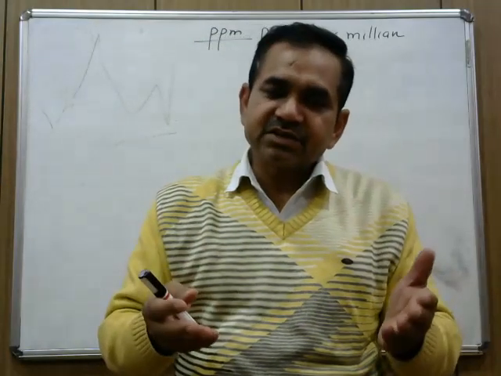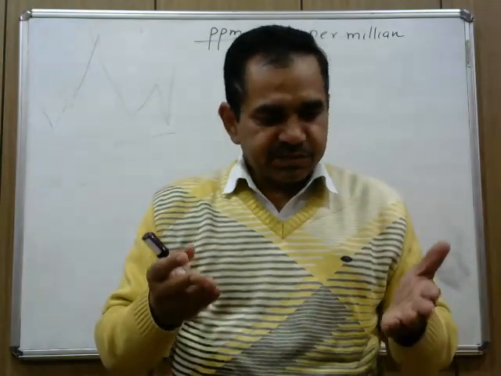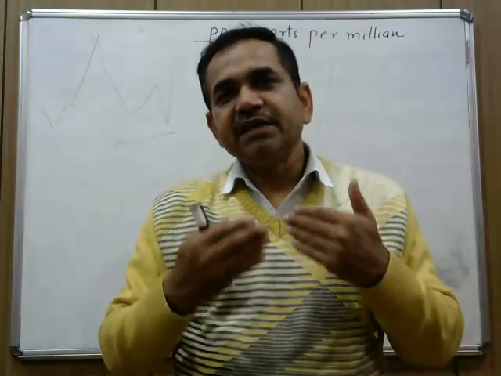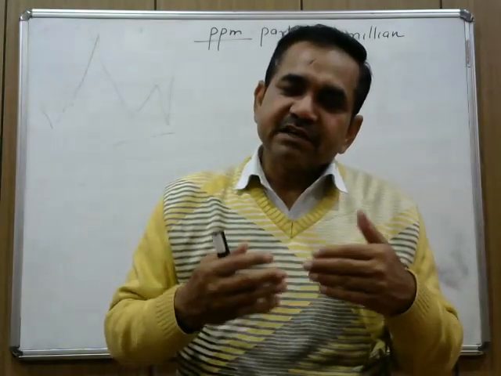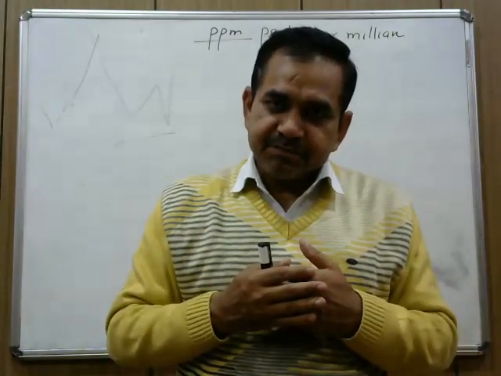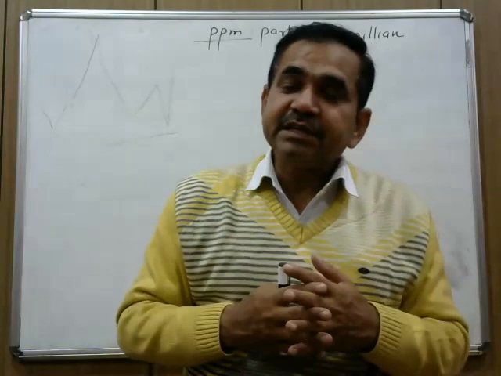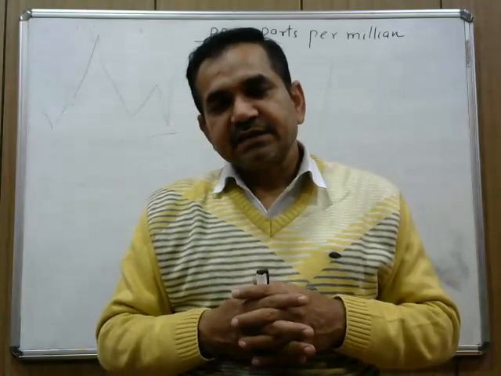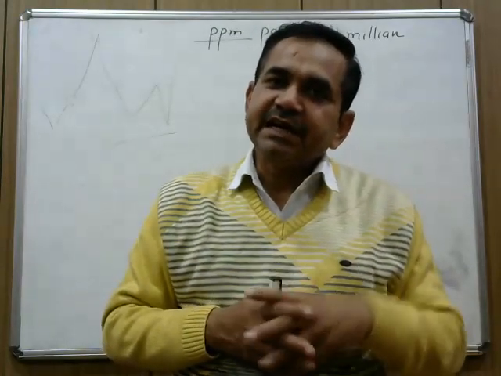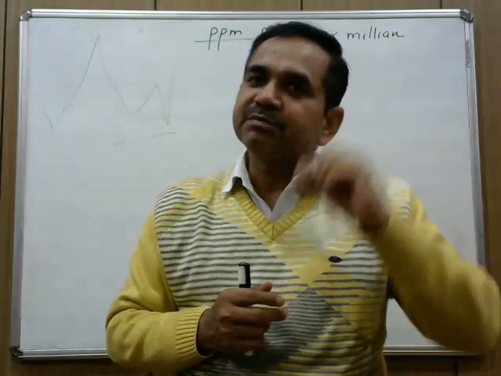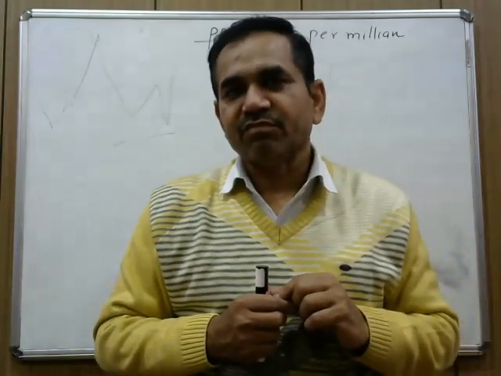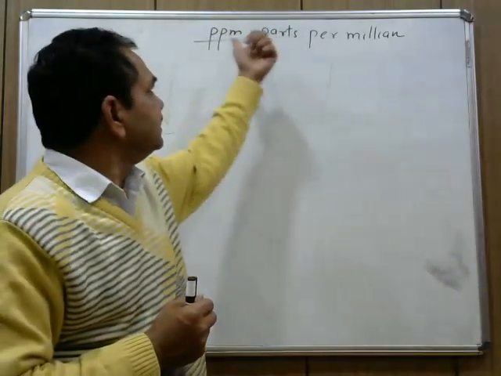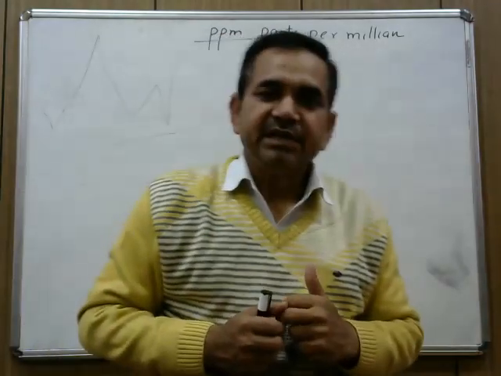You know that sulfur dioxide, SPM (suspended particulate matter), and many other gases are pollutants. So if we need to express the amount of these pollutants present in the atmosphere, then the volume of atmosphere is very high and their amounts present in the atmosphere are very less. So to express it, we use this unit, parts per million.